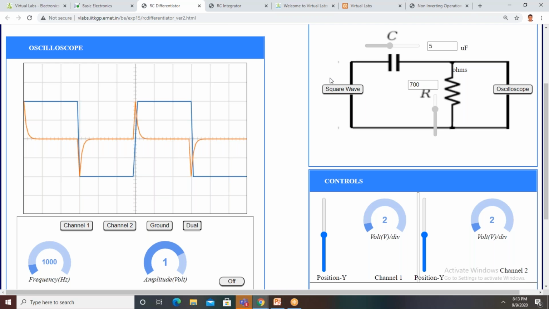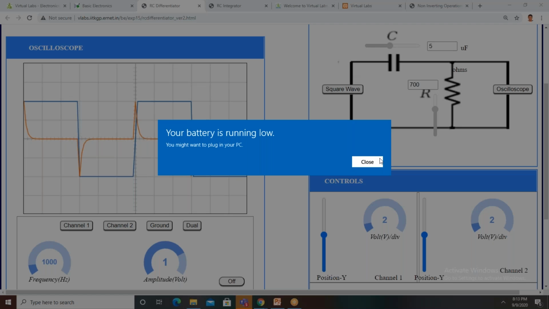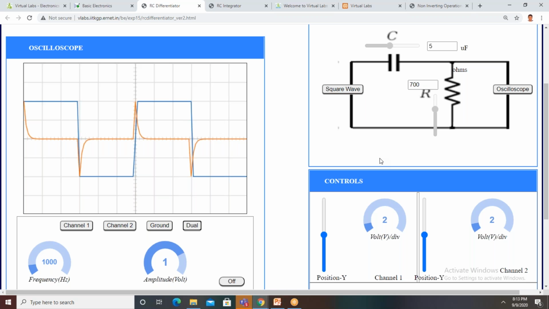Just like this is our CRO screen, this is frequency, amplitude, and this is the channel 1 control panel, channel 1, channel 2, and time per division. So you take one more value. First click on off, then change to some 1 kilo ohm, and the capacitance is some 6 microfarads.